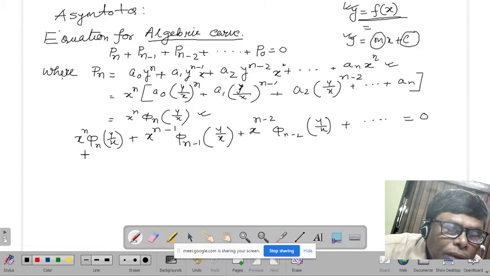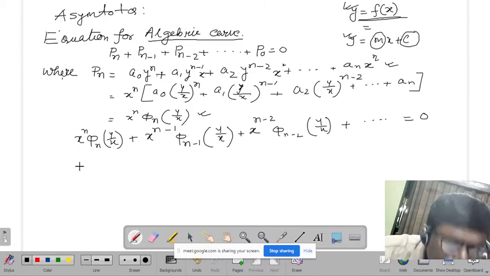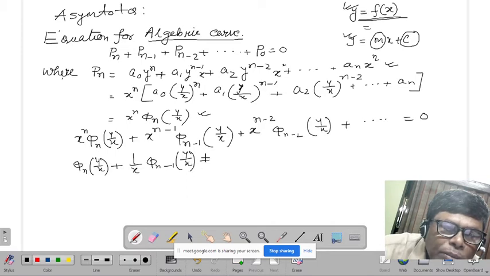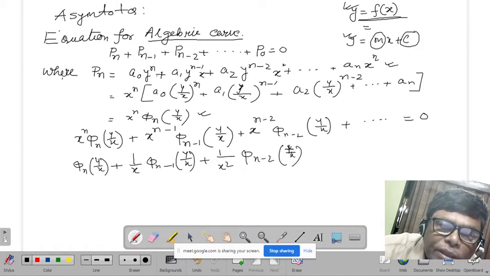Okay, so divide this expression by x to the power n. So what will happen? Phi n of y by x plus 1 by x phi n minus 1 of y by x plus 1 by x square phi n minus 2 of y by x, okay, dot dot dot equals 0.